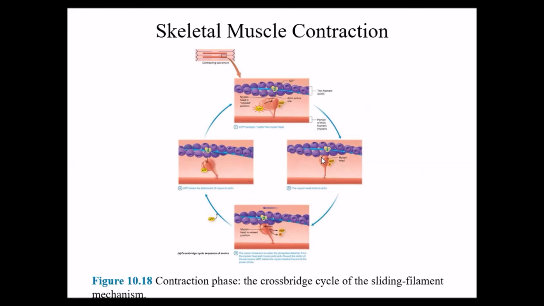Once the cross bridge forms, you've got an energy molecule that's here. The energy molecule causes the head of that myosin molecule to shift or to hinge. When that does, it's pulling that actin further down, and that creates that contracting motion of the sarcomere. So you're shortening the sarcomere when this is taking place.